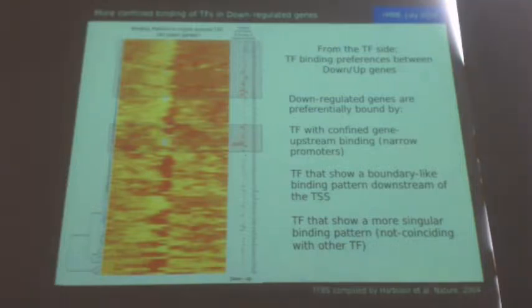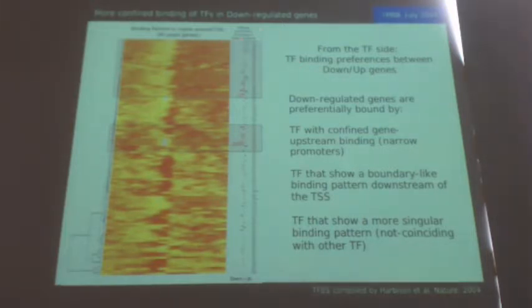What this tells you is that there are transcription factors whose binding is not very well confined, as we would expect, to positions close to or immediately upstream of the transcription start site. Orange bars mean enriched in downregulated genes, blue bars mean enriched in upregulated genes.